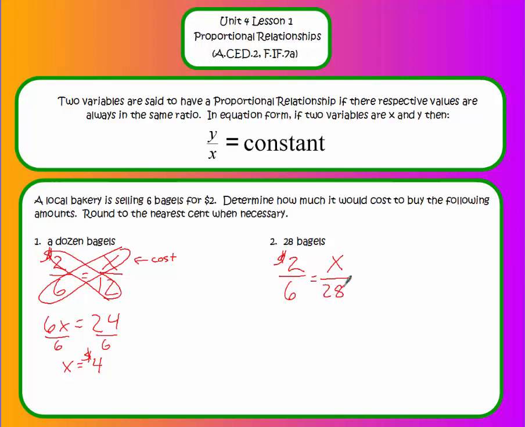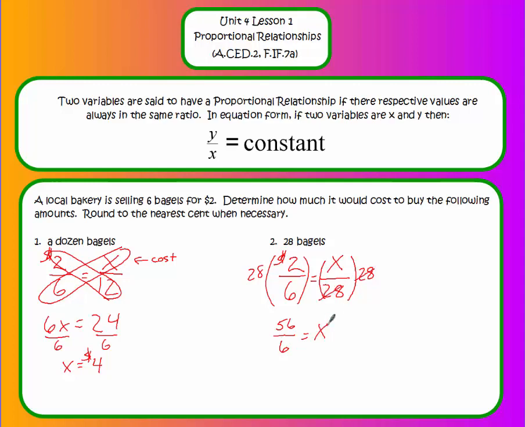Okay, so I can do the same thing. I can do cross-multiplying. Or, remember, if I have a fraction and I want to get rid of it, I could multiply both sides by that value. Okay, so multiplying 28 times 2 gives me 56 divided by 6 equals, and these are going to cross off, leaving just x.